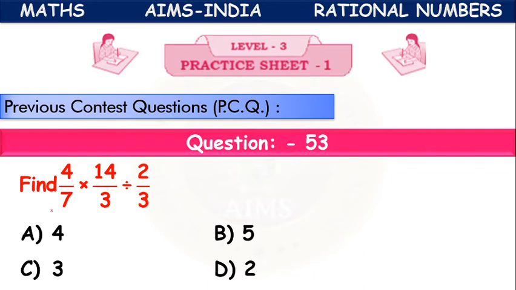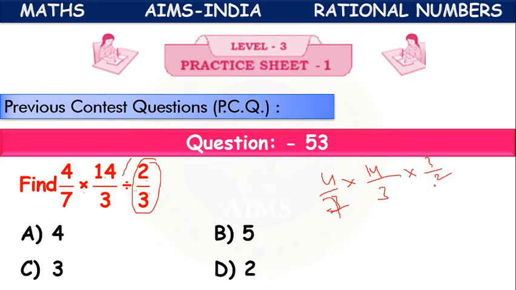So find 4 by 7 into 14 by 3 divided by 2 by 3. Whenever we have a division symbol, we can convert it into a multiplication symbol, and the reciprocal is to be taken. 2 by 3 is turned into its reciprocal, 3 by 2.